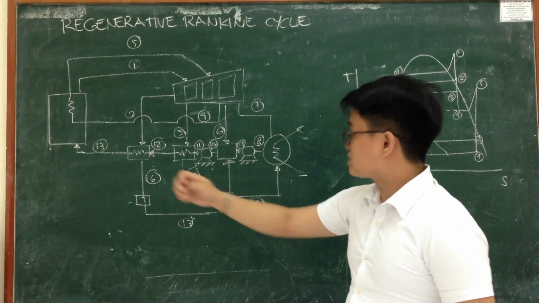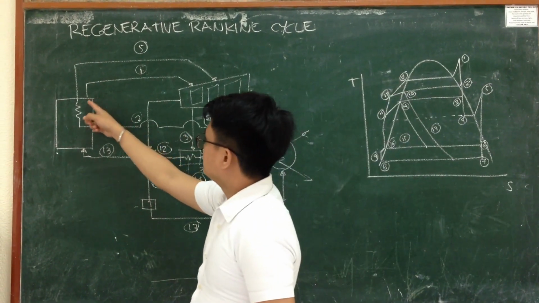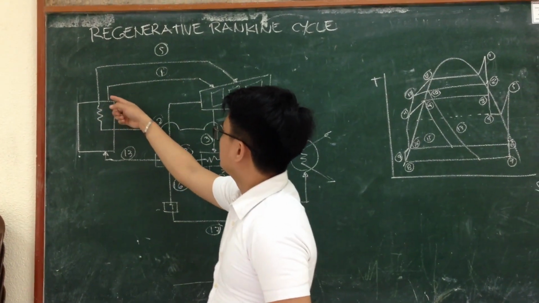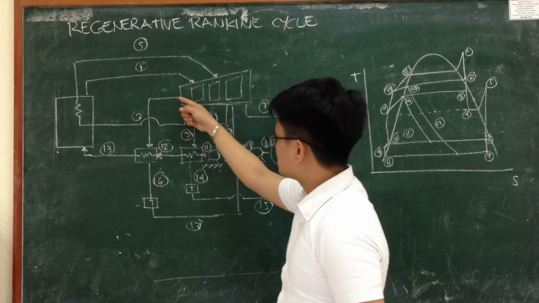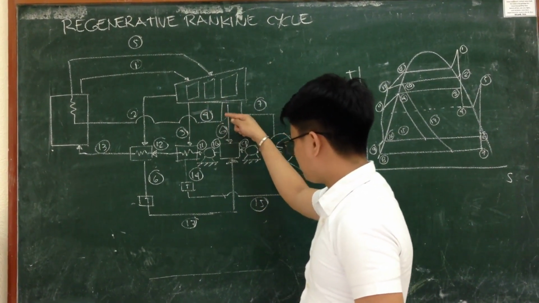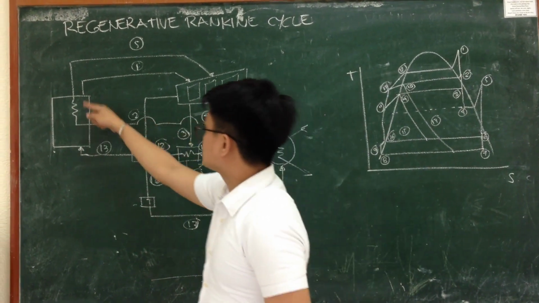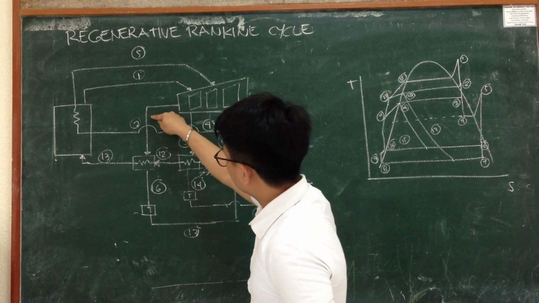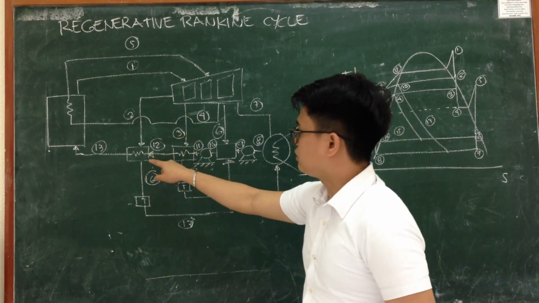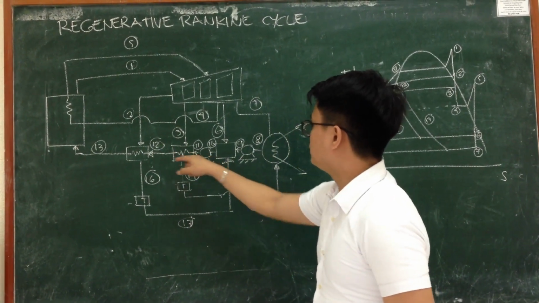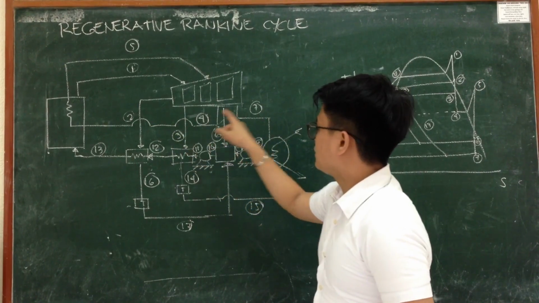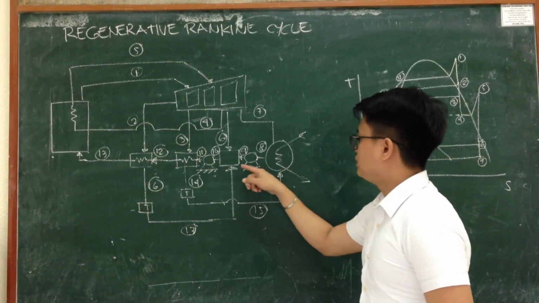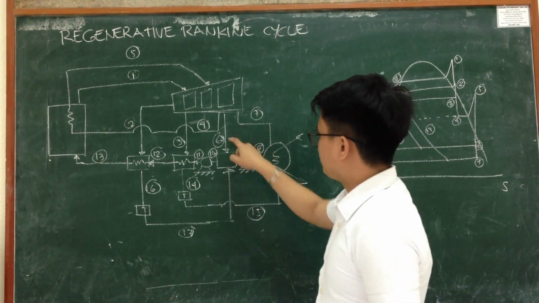So the flow will go like this. From the boiler, it goes to the turbine and reheats again from point 4 goes to point 5, and also point 2, it reheats also from open feed water to open feed water, point 2 and point 3, and also the closed feed water heater from point 6.